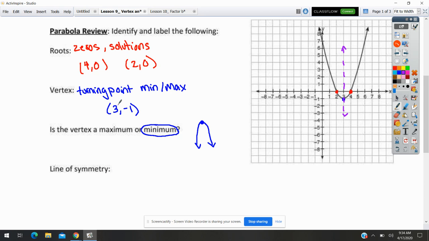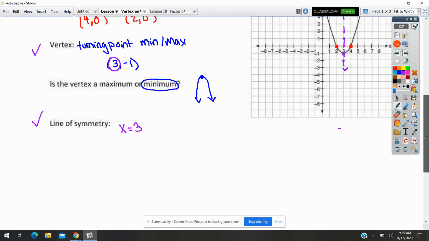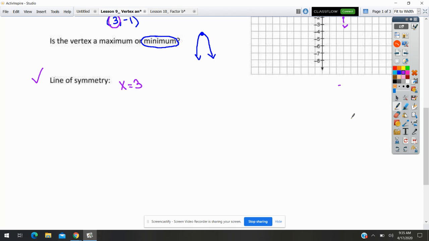Like I said last time, it's the x value of your vertex point. So that line would be x equals 3, because each point on this line has an x value of 3. That is the equation of this line. Today we're going to learn how to get the vertex point and the line of symmetry algebraically. Okay, so we're going to move on to the next page.